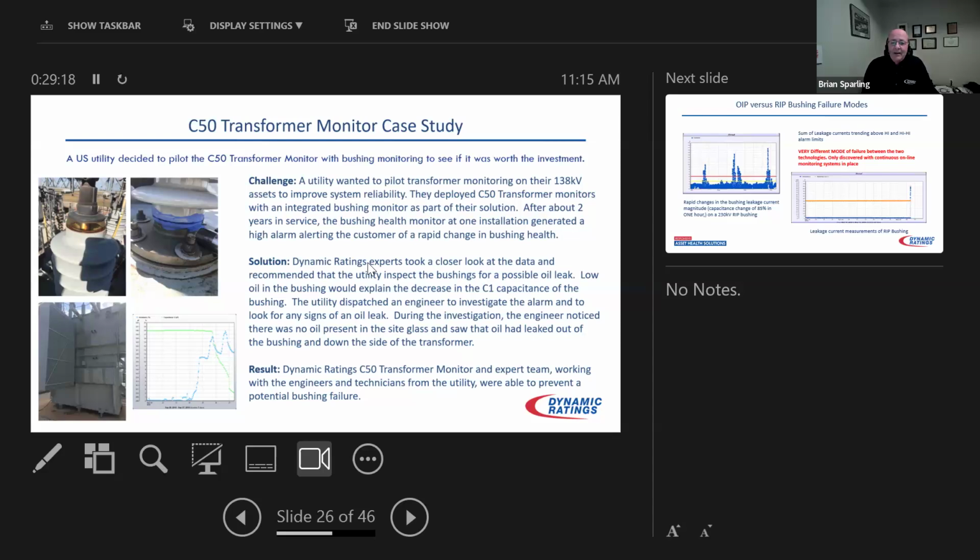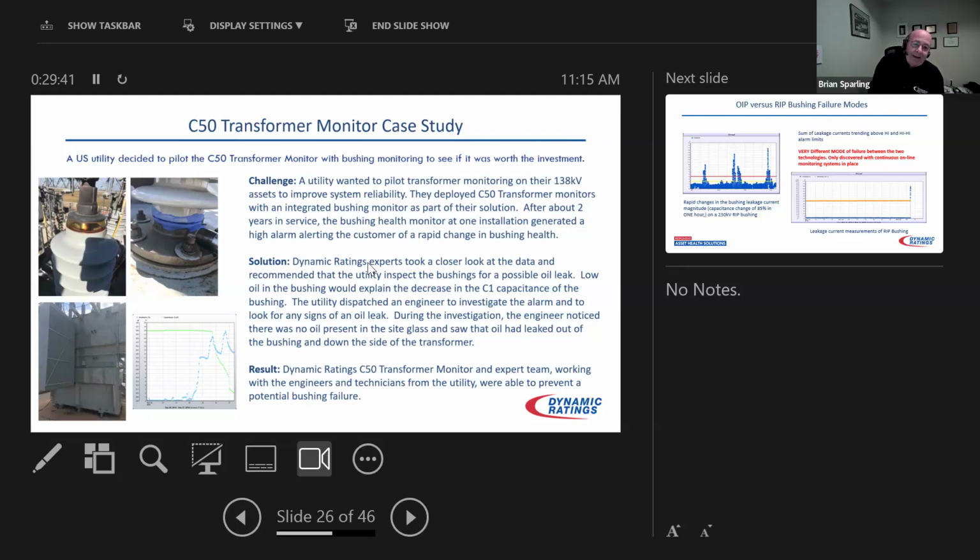When the engineer got there, they discovered, as you see in the picture, no oil in the sight glass, but they did see oil leaked out from the bushing and down the side of the transformer, on the left-hand side. And it was apparent that somebody had put some blue goop.